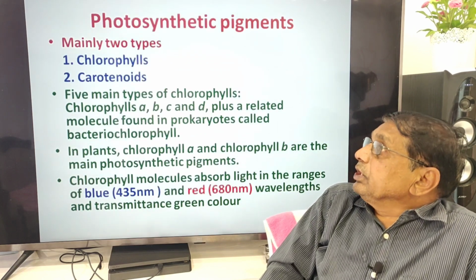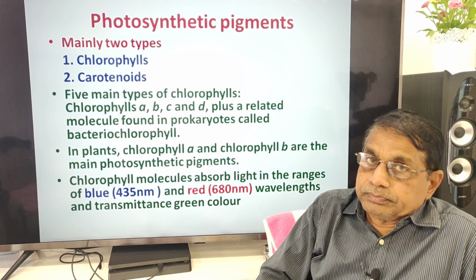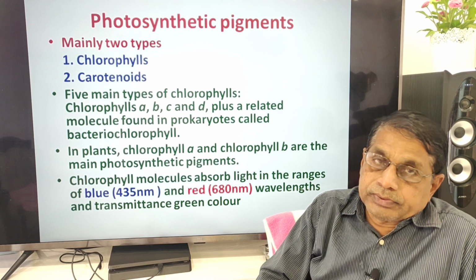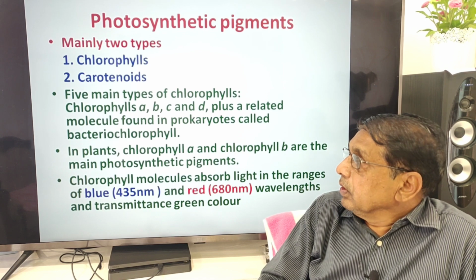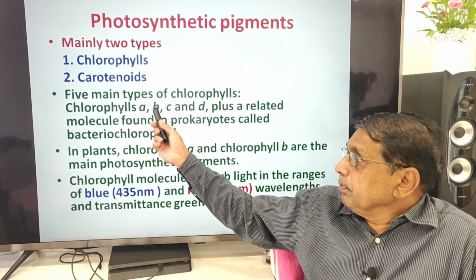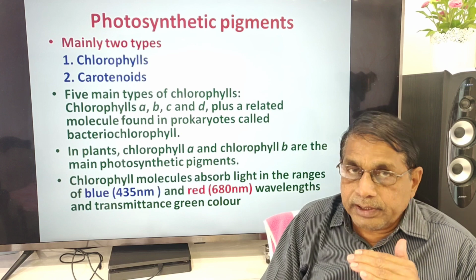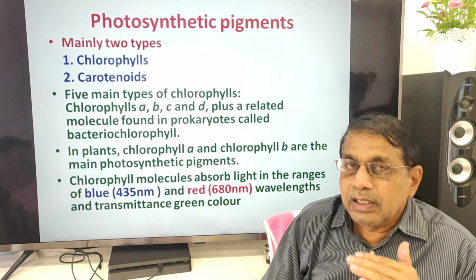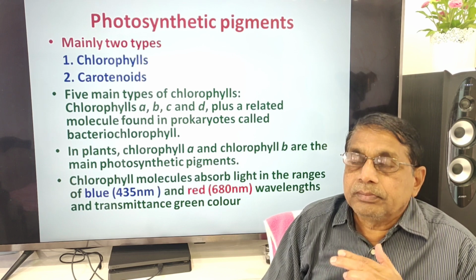Now, photosynthetic pigments: chlorophylls and carotenoids, two broad categories. Chlorophylls A, B, C, D. In higher plants, chlorophyll A, B, C, but most common is A; B, C, D are less common.